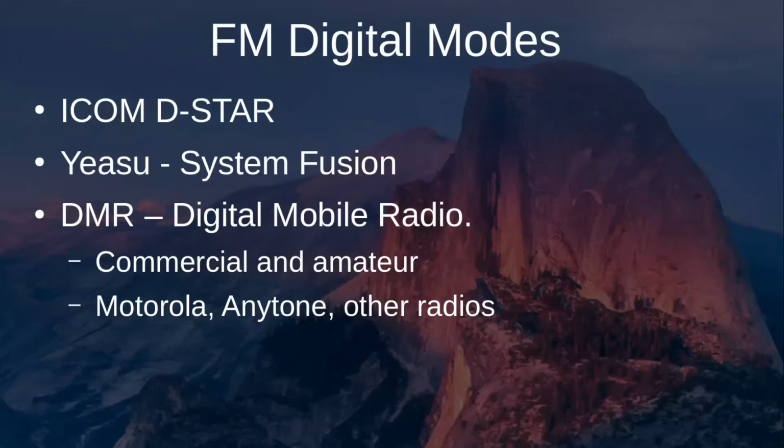You need to be communicating on the same digital mode. So you've got to communicate ICOM D-Star to D-Star, or System Fusion to System Fusion, or Digital Mobile Radio DMR to a DMR radio. DMR has both commercial applications and amateur applications, so there are more DMR radios out there. DMR radios can be Motorola, Anytone, and other radios, while again, ICOM has D-Star and Yaesu has System Fusion.